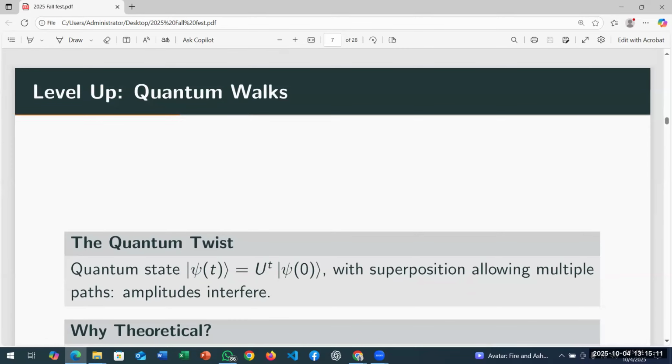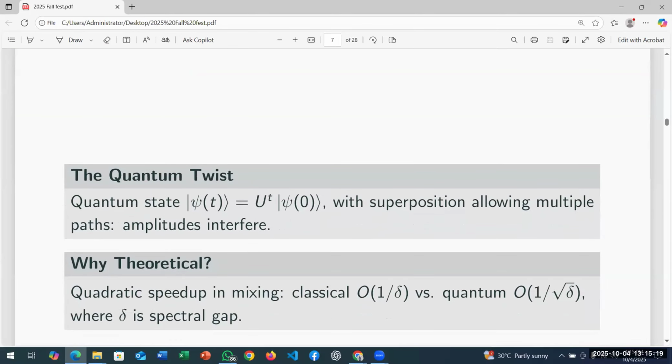Now let's go into the quantum part of what we are seeing, quantum walks. So quantum walk is leveraging on the unitary operation. The unitary operation in such a way that if I have my initial state to be this, ket of psi 0, the matrix now will not be like that of the classical.